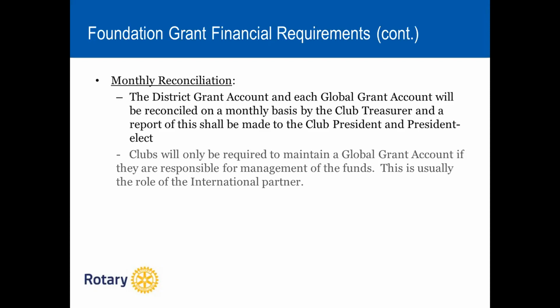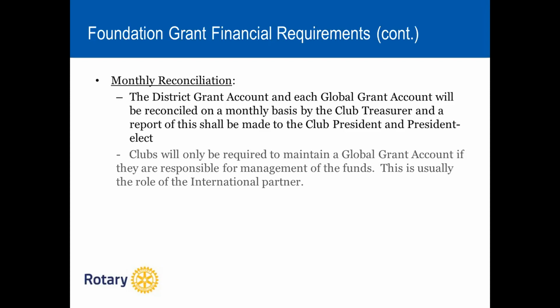Club commitments to a global grant are usually sent directly to the Rotary Foundation after the global grant has final approval. Although some clubs are utilizing the D5000 Foundation to initially gather these club commitments before they're all sent in to the Rotary Foundation at one time.